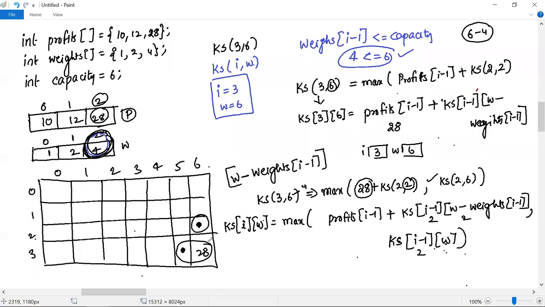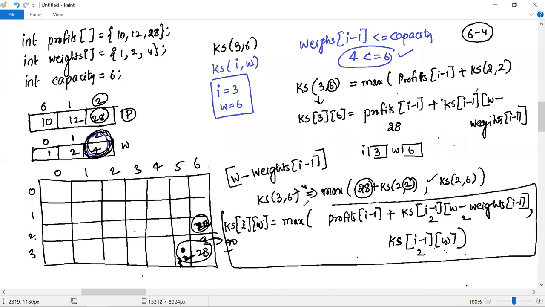Whichever the value is bigger, store it here. That is what we got as 40. I think 12 plus 20 I got as 40. That is what I'm interested to tell for you people, right? So this logic will work when the current object weight is less than the capacity.